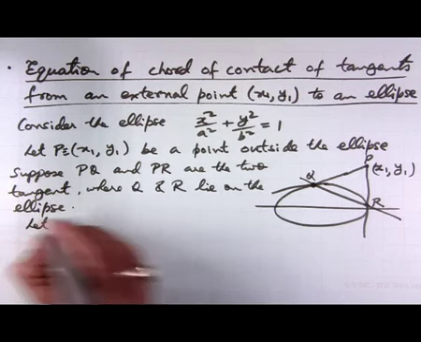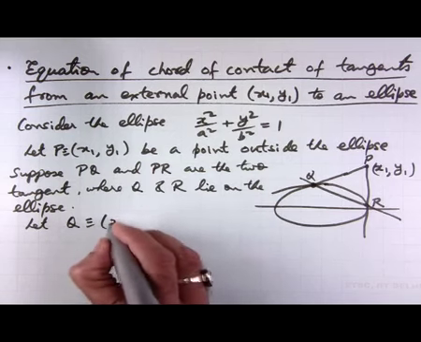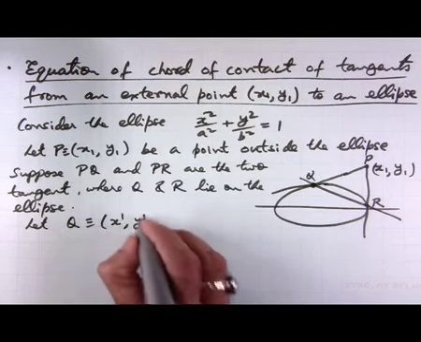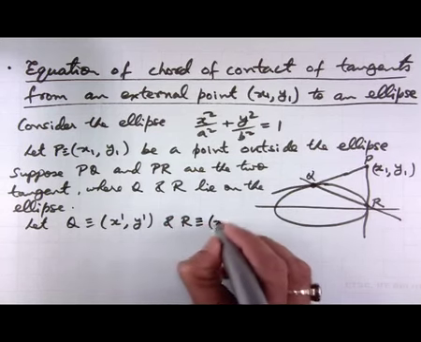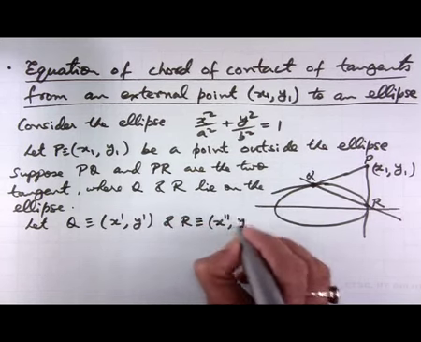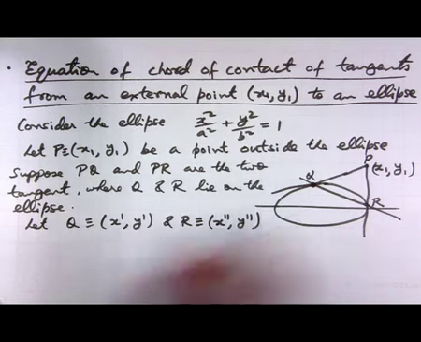So, let Q be the point (x', y') and R be the point (x'', y'') on the ellipse.